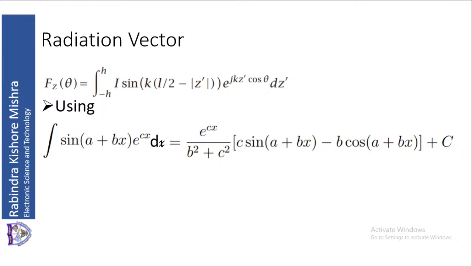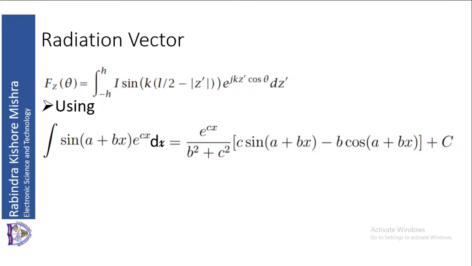That is of the form sin(a plus bx) times exponential cx, where a is equal to k L by 2, b is equal to k, x is z dash, and c is equal to j k cos theta. If you put that, this integration will give us exponential cx by (b square plus c square) into (c sin(a plus bx) minus b cos(a plus bx)).